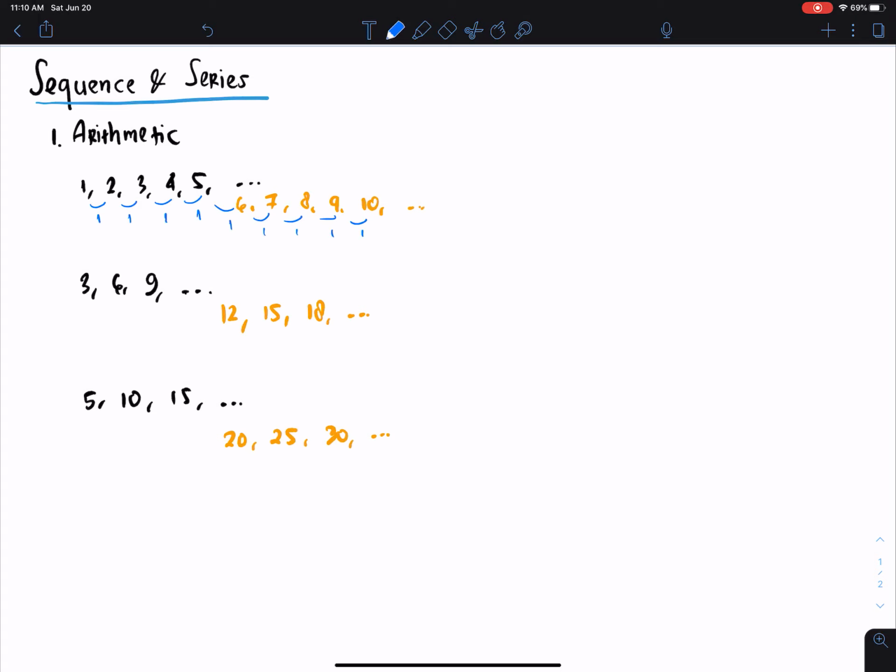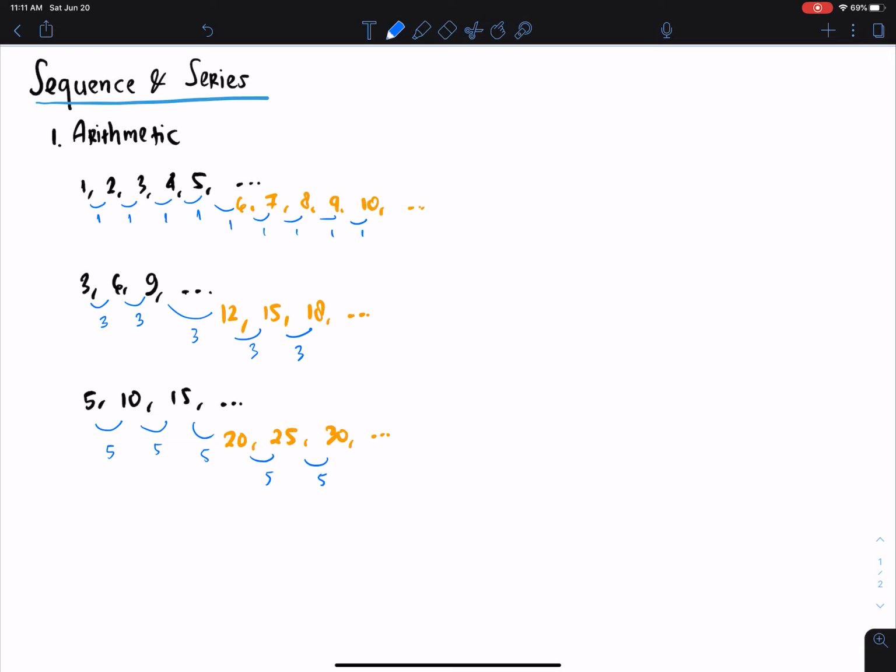In the second example, we can see the difference is 3, and the next one will also keep 3. In the last one, the difference is 5, and so on to the next one.